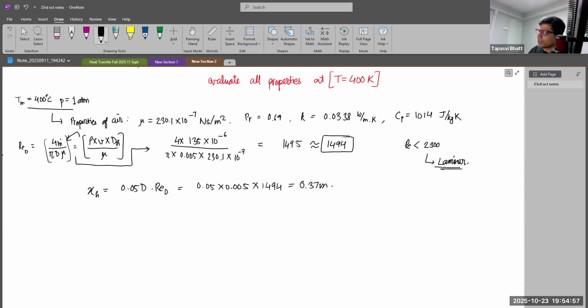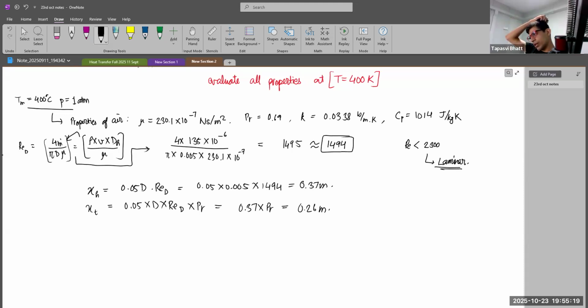Now, what is the thermal entrance length? x_t is 0.05 times d times Re times Pr. You just multiply the above thing by the Prandtl number. So 0.37 times the Prandtl number, which is 0.69, so it is 0.26 meters.